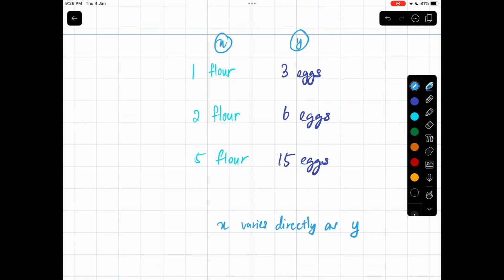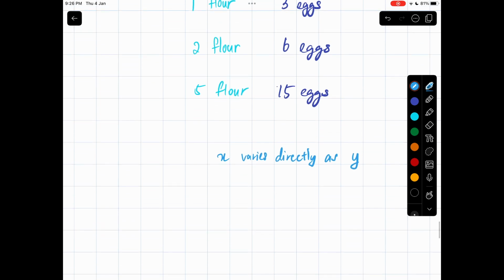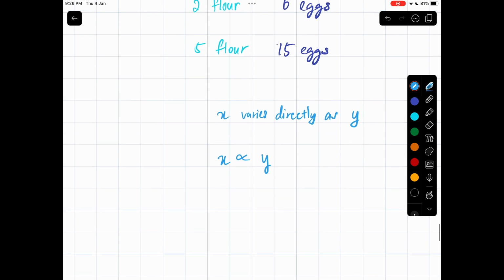Here we say varies directly because when X increases, Y also increases. So in the variation form, we will write it down as Y proportional symbol X.